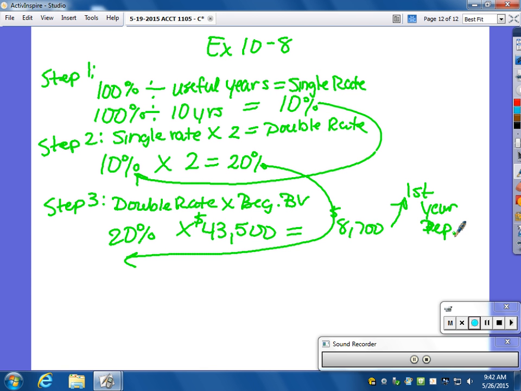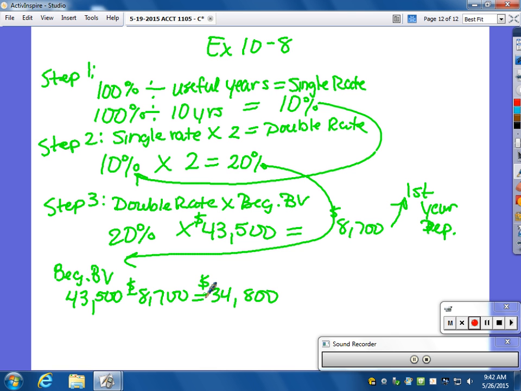You subtract first year depreciation from the beginning book value. So beginning book value was 43,500, correct? Subtract 8,700, what do we get? 34,800.